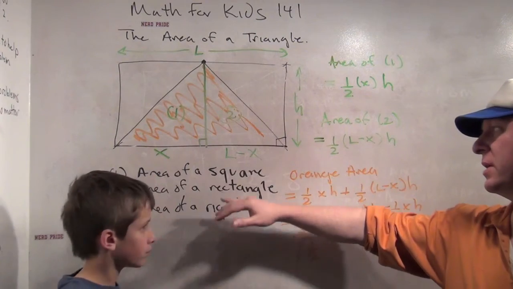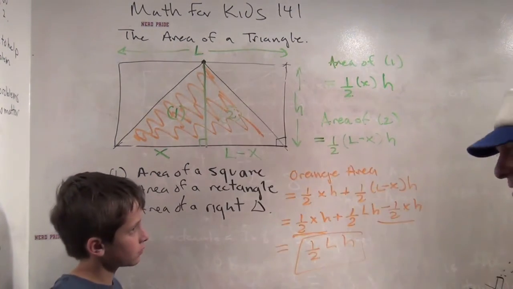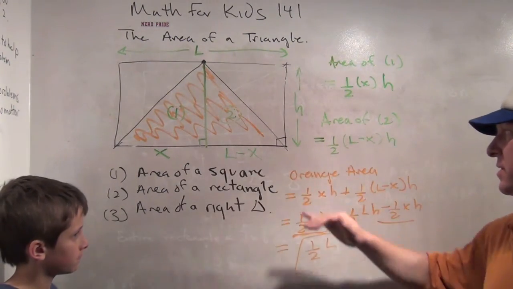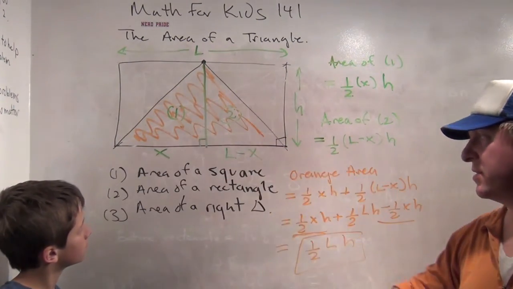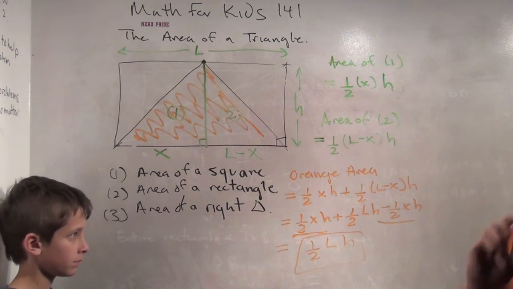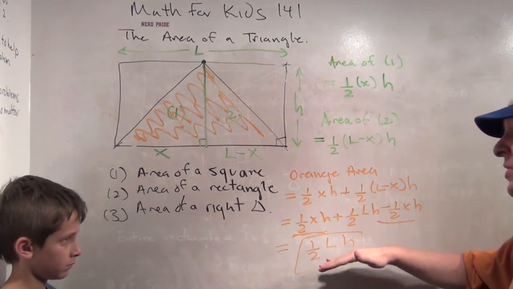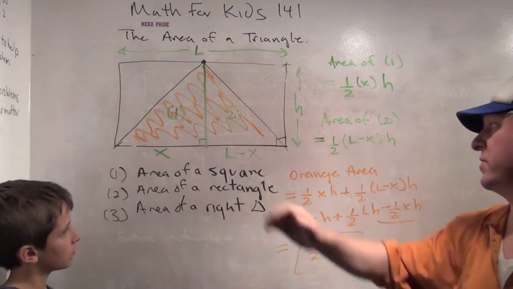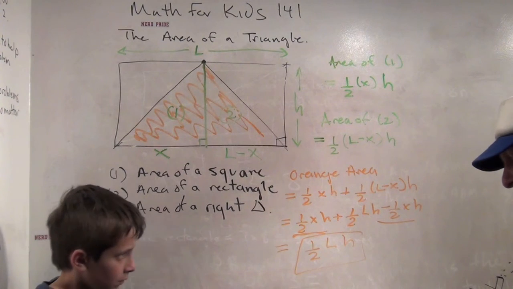It was just for a right triangle, the length and the height were easy to see. So for this triangle, it's not so easy to figure out what the height is, but we still have the same formula, 1/2 base times height. It's going to turn out that that formula is always true for any triangle. But so far we've only shown it for this one particular triangle. Isn't that pretty neat though?